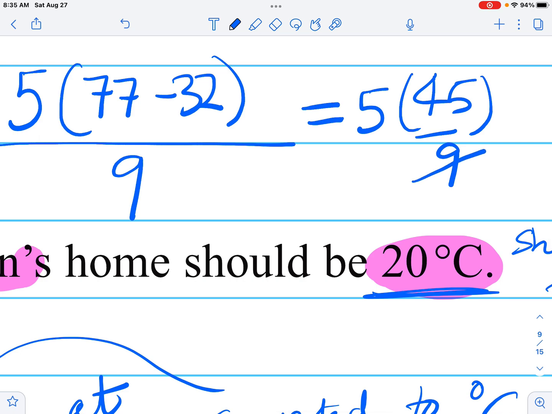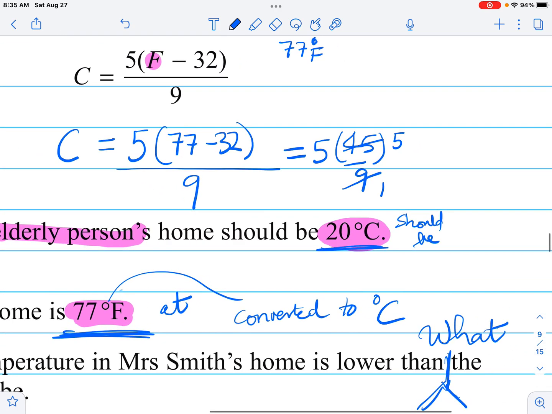I can divide 9 by 9 once, and 45 by 9, I get what? 5 9s are 45. Now I get 5 times 5 is 25 degrees C. Auntie Smith's house is at 25 degrees C. Never forget that. Got that?